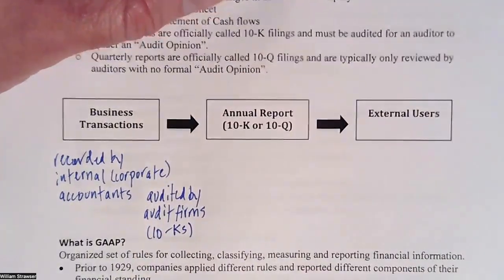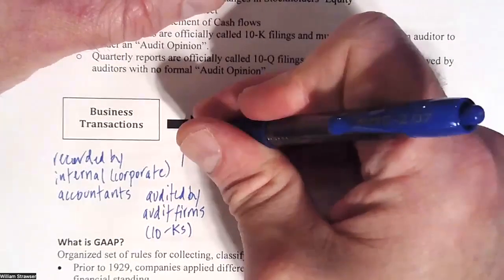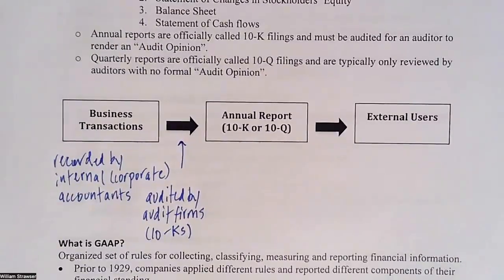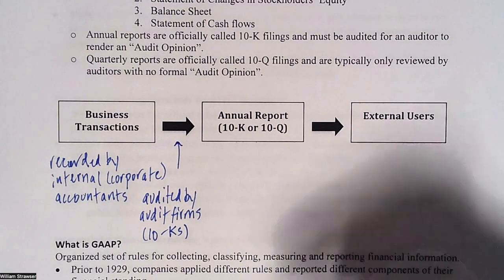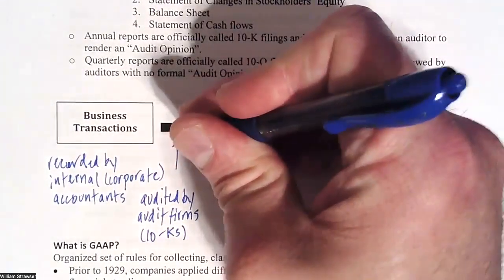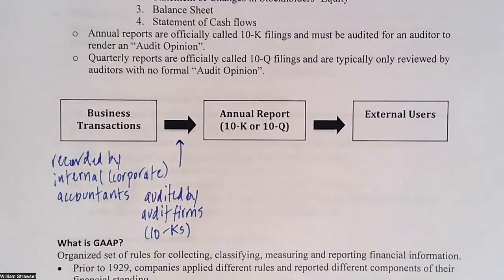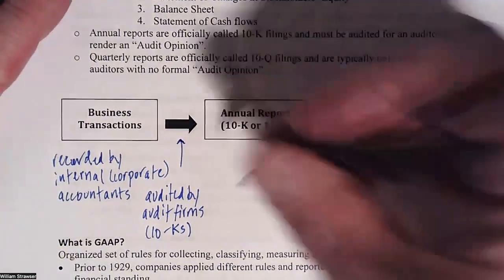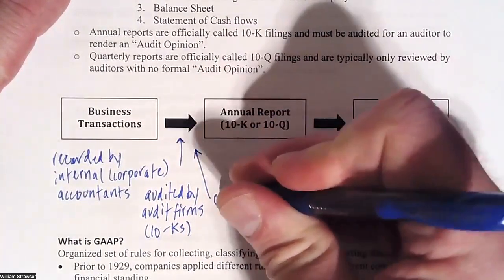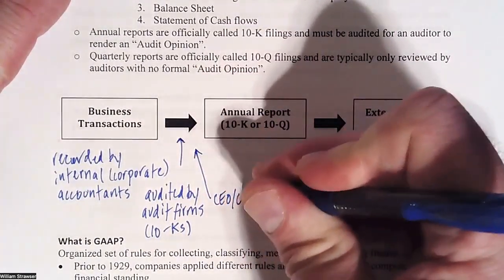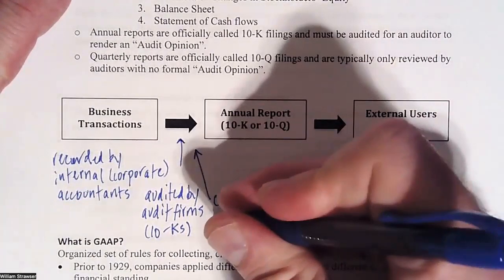There are other little mechanisms in there, where companies have audit committees that select auditors and have relationships with the auditors, make sure the auditors have everything they need, and are able to do the work they're supposed to. Also, the CEO and the CFO have to sign off on the reports.